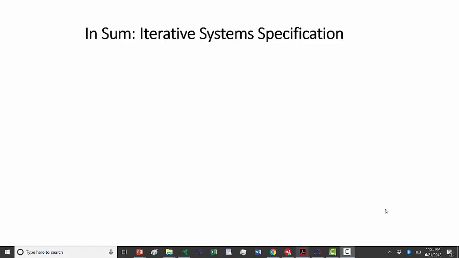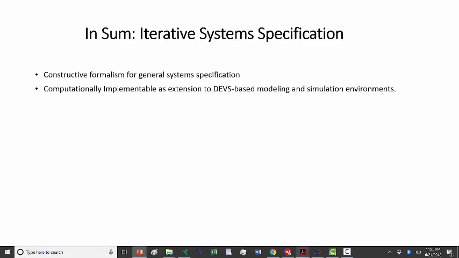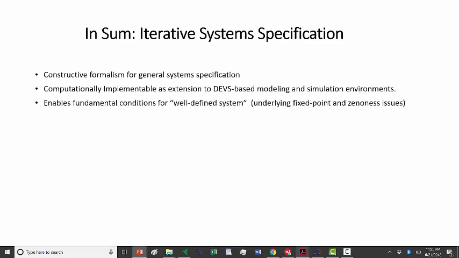Now, to summarize some of the points we made about iterative system specification: it's a constructive formalism for general system specification. It's computationally implementable as an extension to DEVS-based modeling and simulation environments. It enables fundamental conditions for a well-defined system to be studied and formulated, and brings out the underlying fixed point and Zeno-ness issues, which is the progressivity idea.